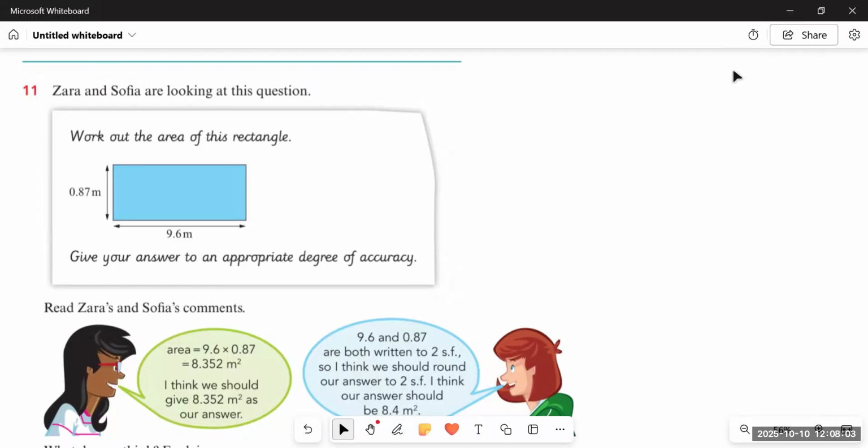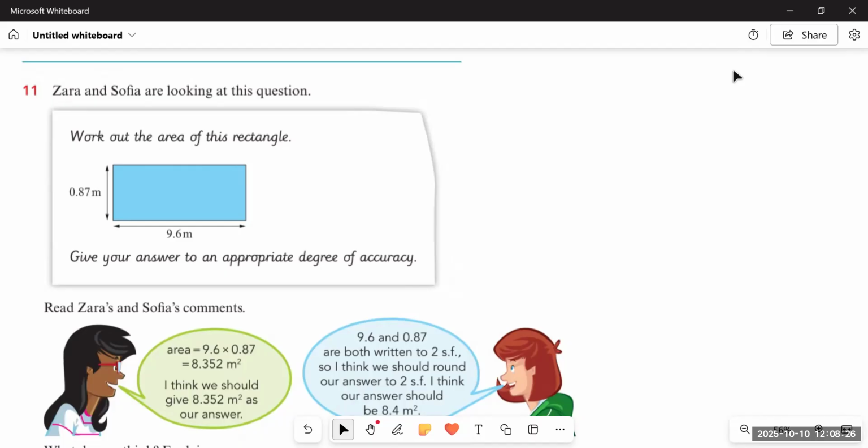We have to work out the area of this rectangle. The length and the breadth are both given, and we have to write down the answer to an appropriate degree of accuracy. Zara says area is equal to 9.6 times 0.87, which is around 8.352. This is what Zara has got as the area of the given rectangle.